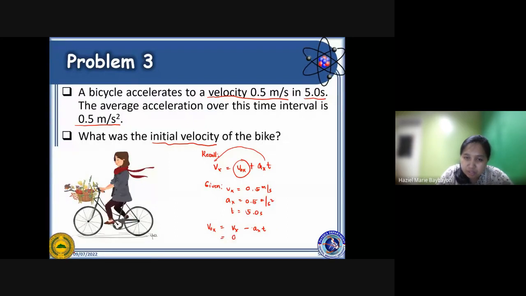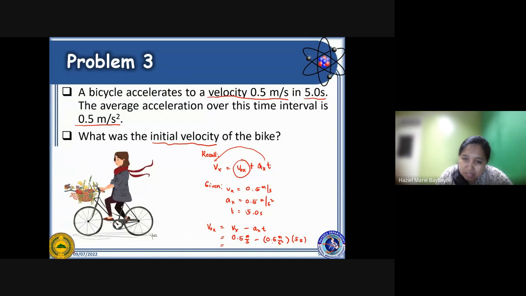So we have 0.5 meters per second minus A sub x, which is 0.5 meters per second squared, multiplied by the time, which is 5 seconds. Okay, so make sure that the units are consistent. Meters per second squared multiplied by second, so you will get also meters per second, which is the unit of velocity.